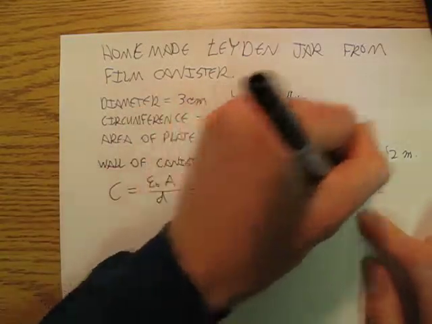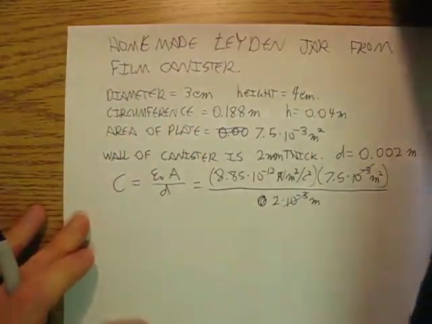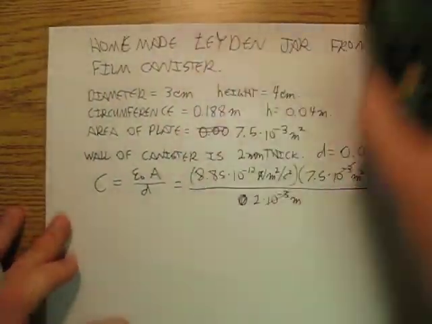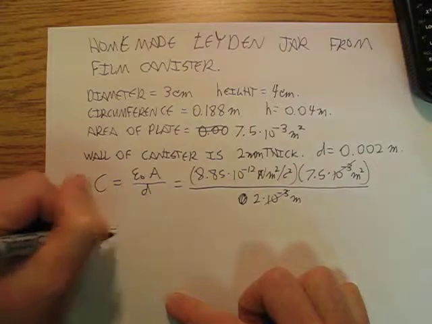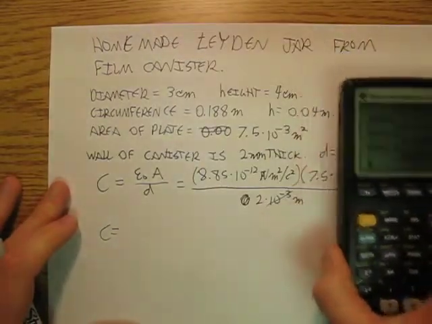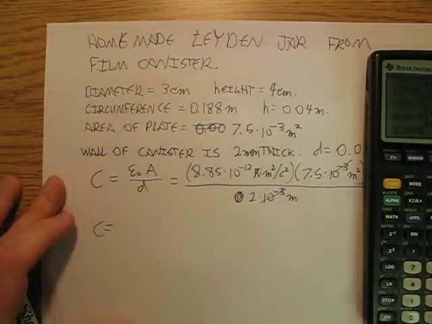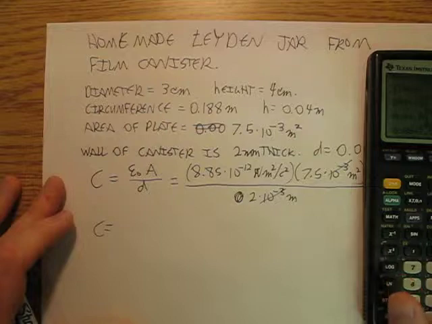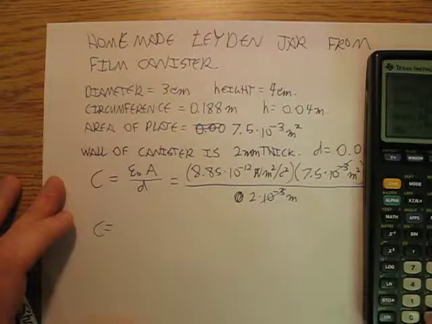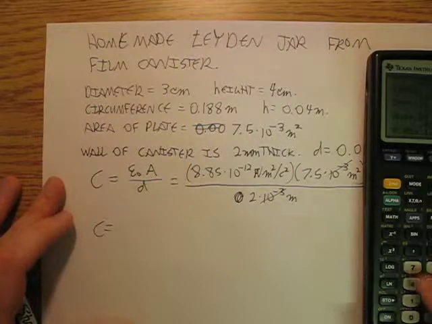I've got 10 to the negative third meters top and bottom, so C is equal to 8.85 times 10 to the negative 12 times 7.5 divided by 2.